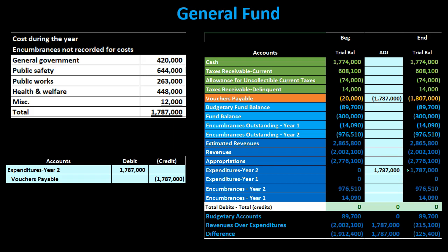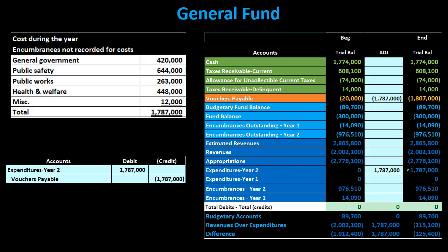If we were to group the accounts that are below what would be the equity type of accounts, we have budgetary accounts, we have income statement accounts, and we have the encumbrances. We could then group together the budgetary accounts and net them out, and we can group together the revenue and expenditure accounts, and we can get basically a comparison between the two.